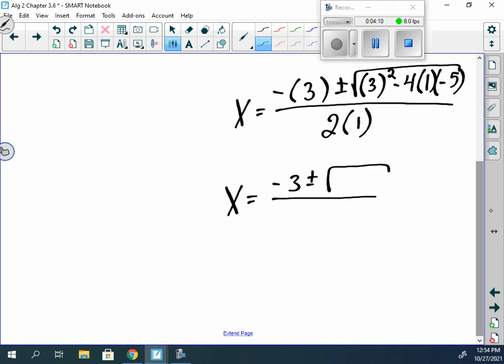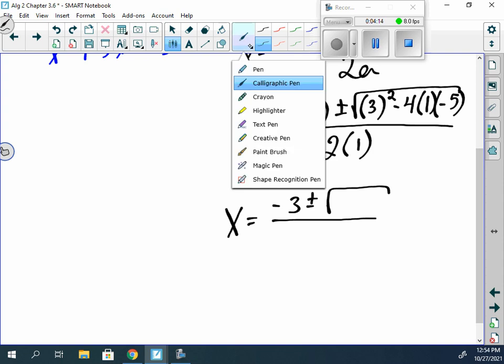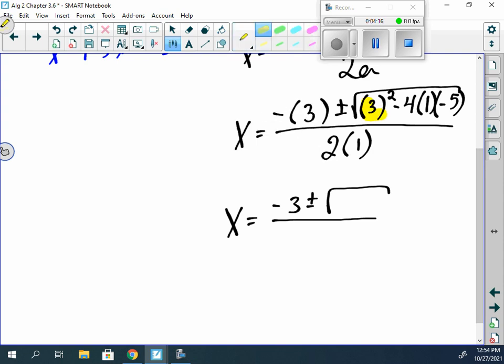Now what we'll do next is we can do this by hand, but there's no reason to, we want to simplify everything inside the radical first. So we still want the square root, we want to simplify what's inside. Because the graphing calculator will simplify radicals, but it won't give us radical form, it'll give us the decimal version if it doesn't come out evenly.